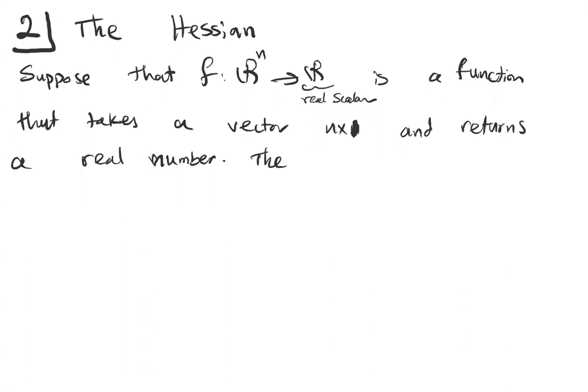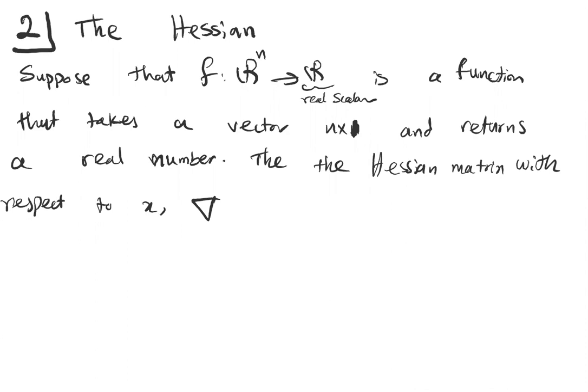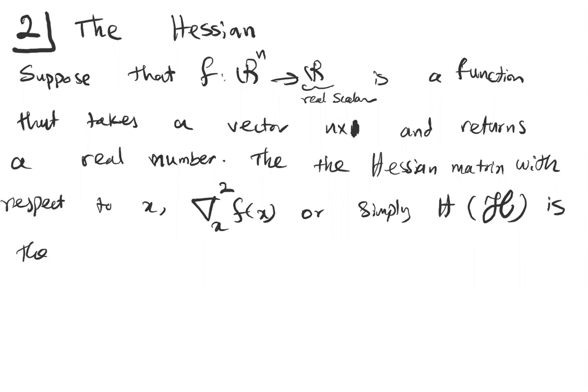Then the Hessian matrix with respect to x, which is denoted by this notation, or sometimes we show the Hessian matrix simply by H or calligraphic H, is the n by n matrix of partial derivatives.